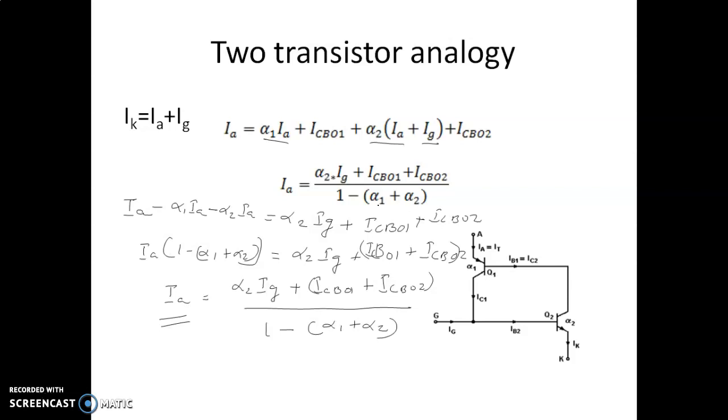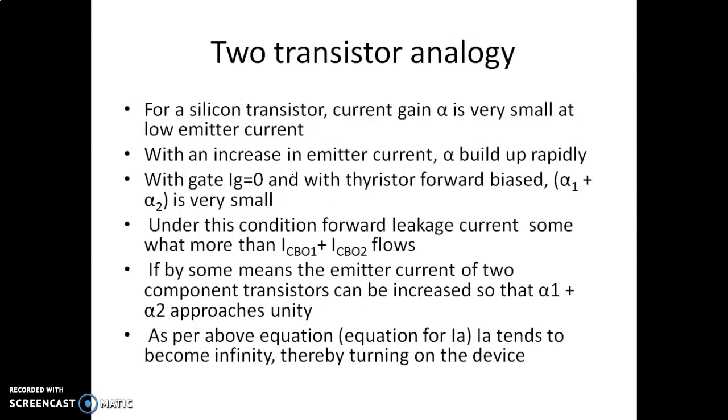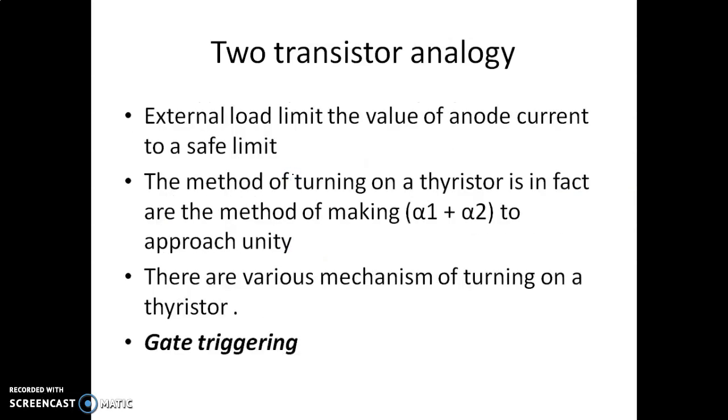Then the denominator of this equation will become 0. Alpha 1 plus alpha 2 is equal to 1 means 1 minus 1, this will become 0 and the anode current will increase infinitely. That means the thyristor is on. So the on state as well as the off state can be explained like this.